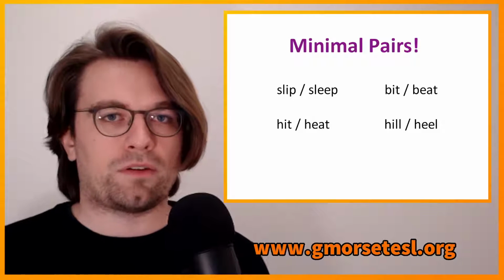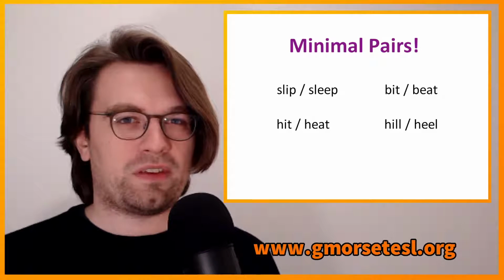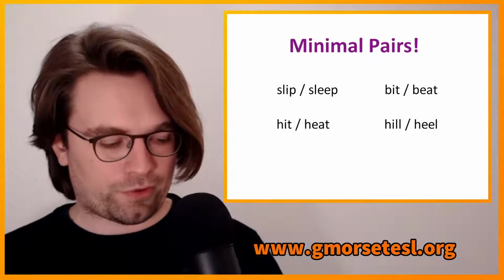All right, good. So as usual, we're going to practice these minimal pairs a little bit more. So we're going to switch over to our whiteboard. We have category 1 and category 2. We're going to have hill and heel. We're going to have bit and beat.